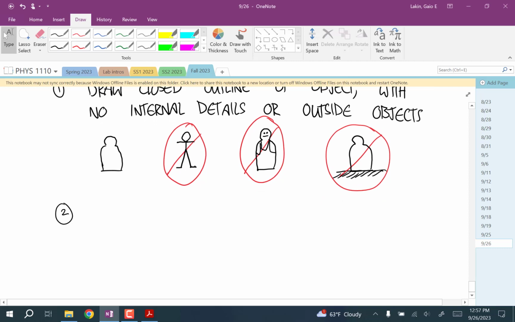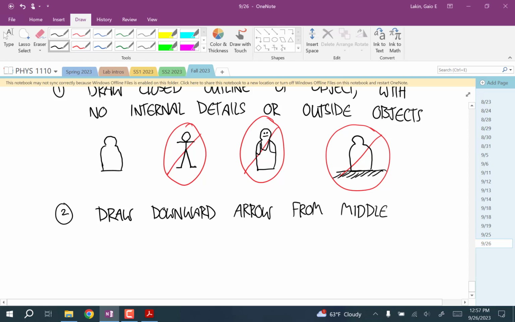The second step is draw a downward arrow from the middle representing the center of mass. And then label that arrow with either the weight if you know it, or you can write just mg.